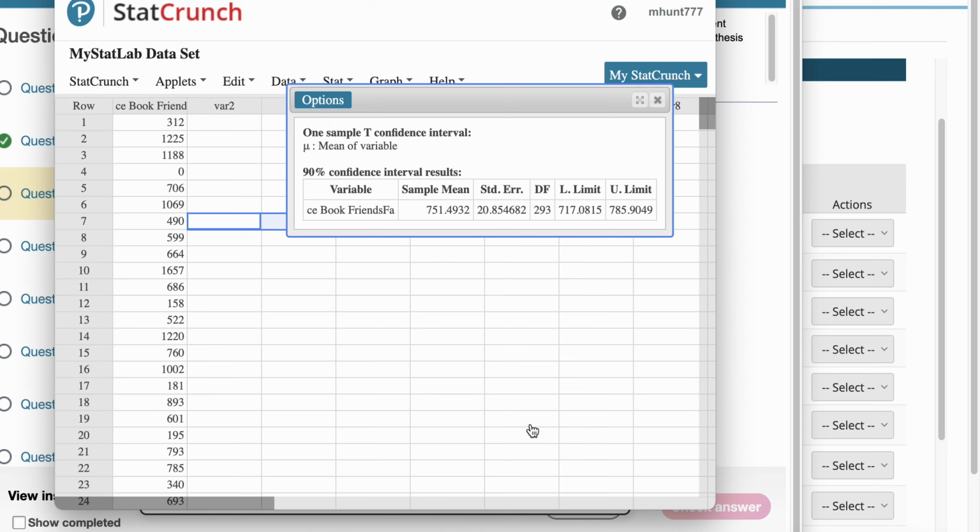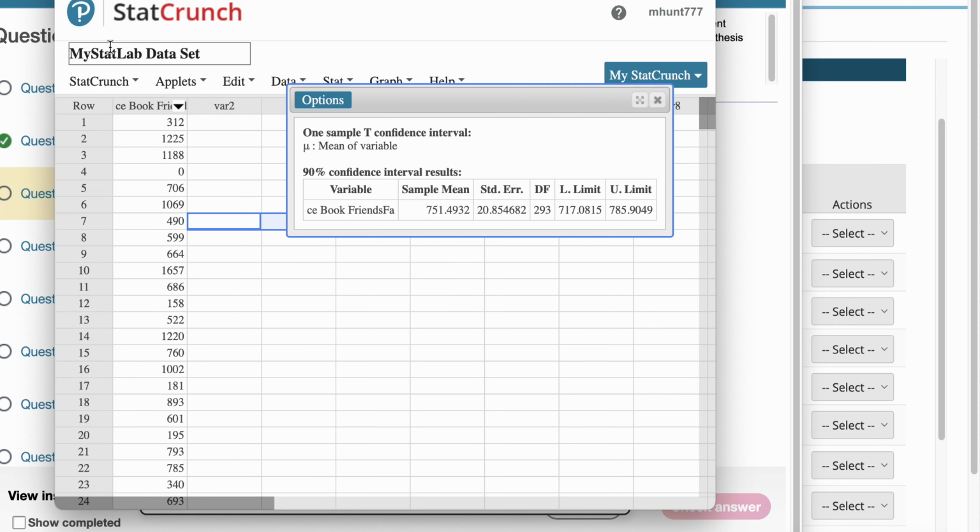And that's the end of the story. You told them that you're 90% confident. You mentioned the variable, mean Facebook friends at this high school, and then you've mentioned the boundary values. That makes a good confidence interval.